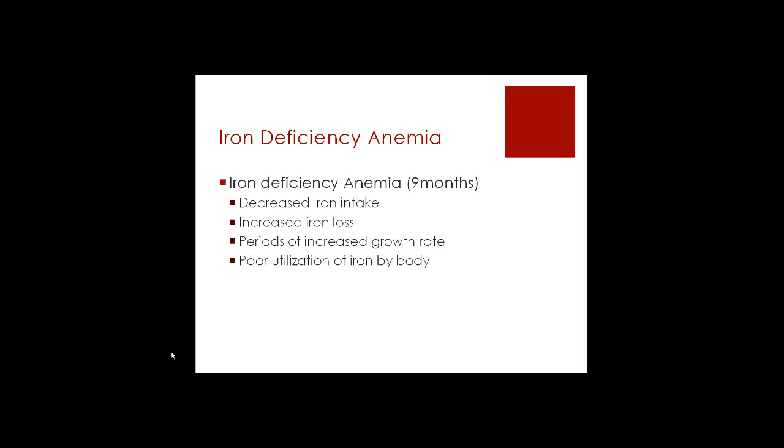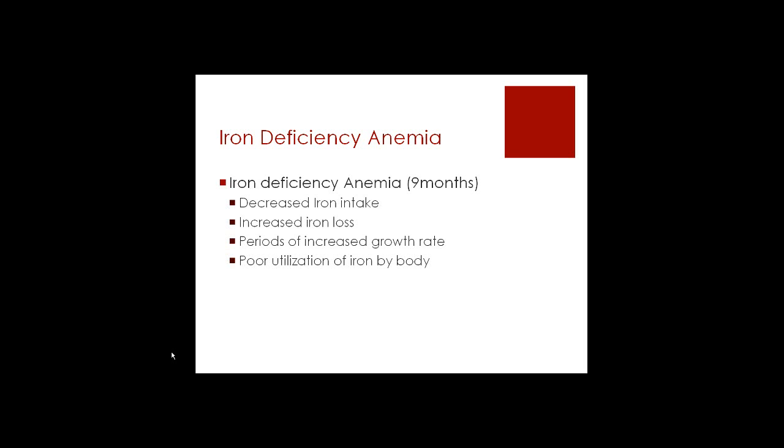It could be from a decreased iron intake, where they're not taking iron fortified formulas, or periods of increased growth rate, which is infancy as well as adolescence, or poor utilization of iron by the body.